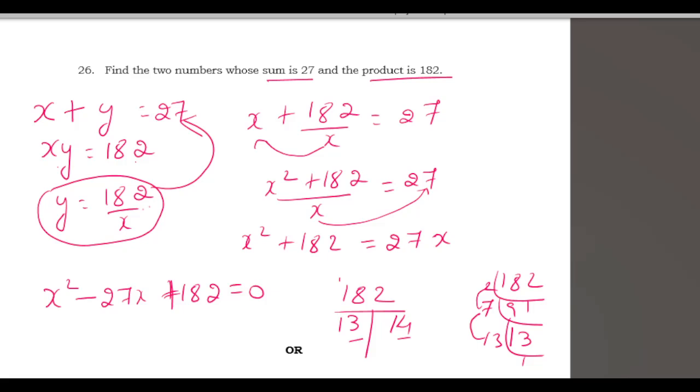So 14 and 13: if you add these two numbers, you will get 27. So here also minus, here also minus. So x square, x and x. Write it here: x square minus 13x and minus 14x plus 182.